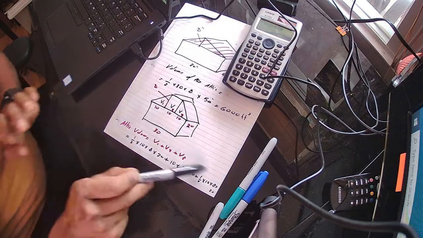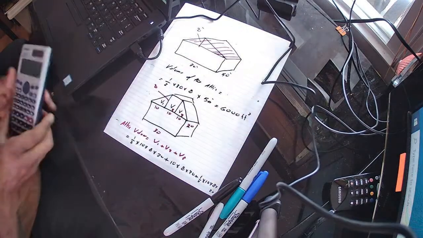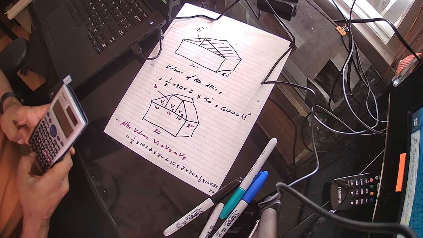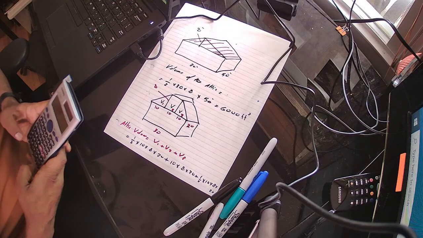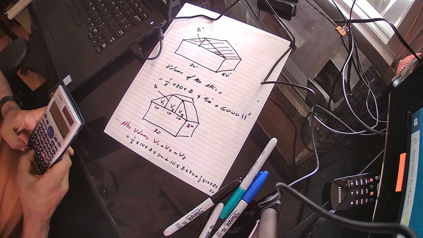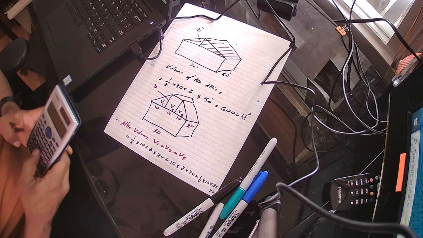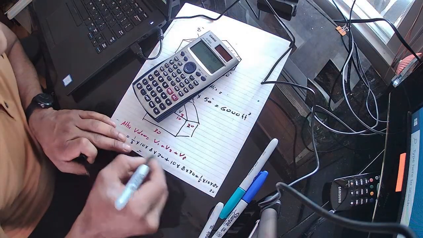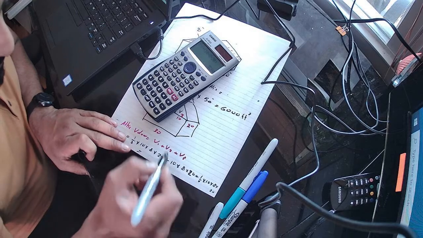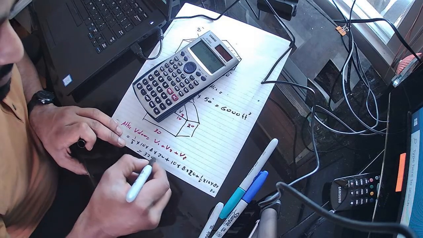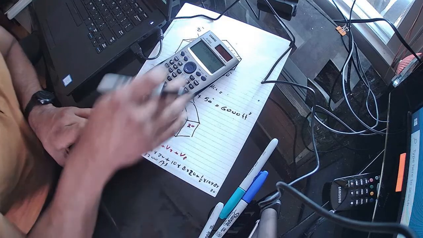So we add all those together, and in this case we get half times 10 times 8 times 20 plus 10 times 8 times 20, plus half times 10 times 8 times 20, and I got 3,000. This is 20 actually. So this will be 3200 foot cube.